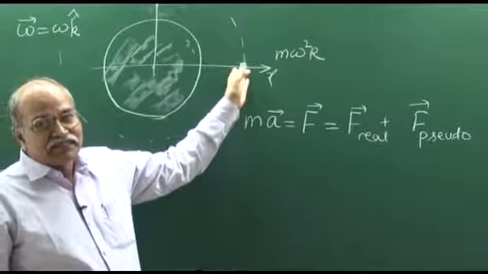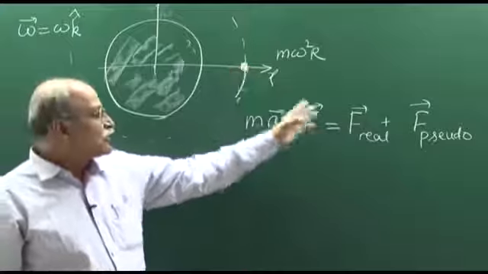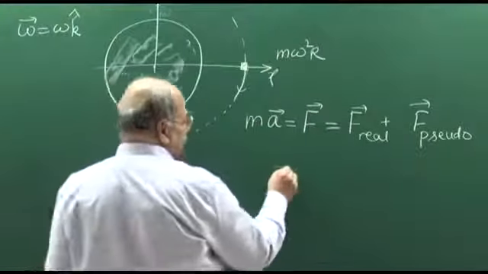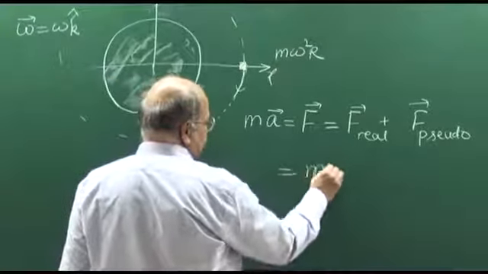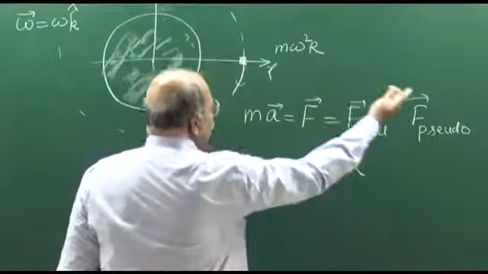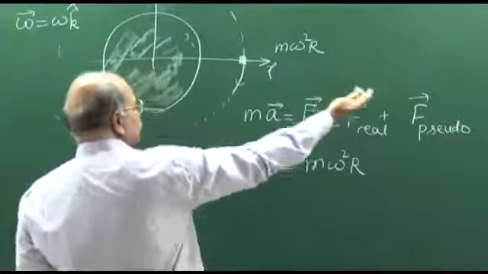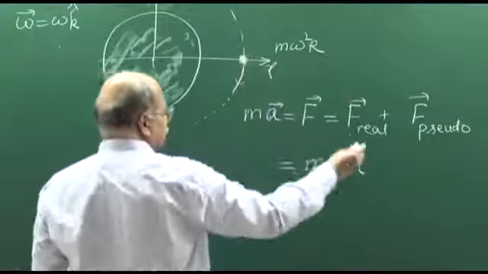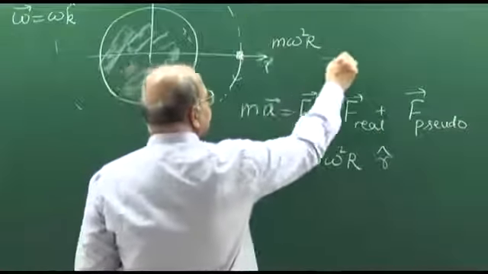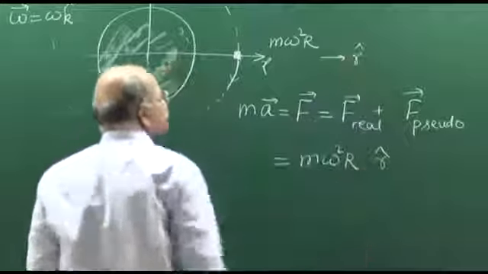So, this part is gone. The pseudo force, if I write it, is m times omega square times r in the outward direction. Centrifugal force is away from the axis. So, I can write this as r cap, where r cap is the unit vector in this direction.